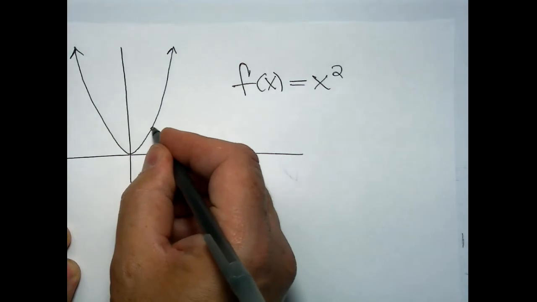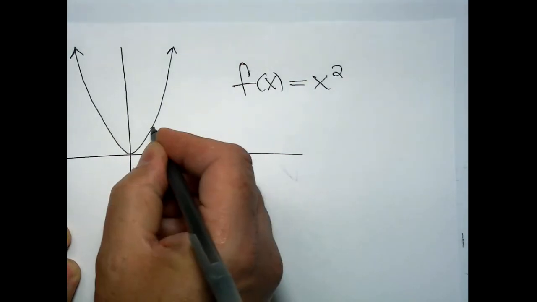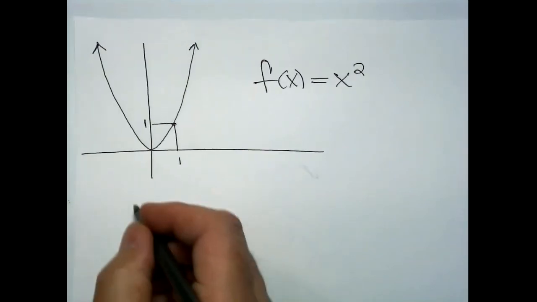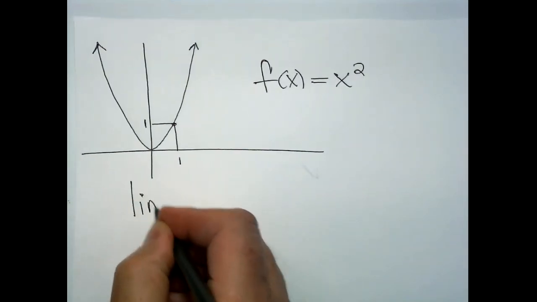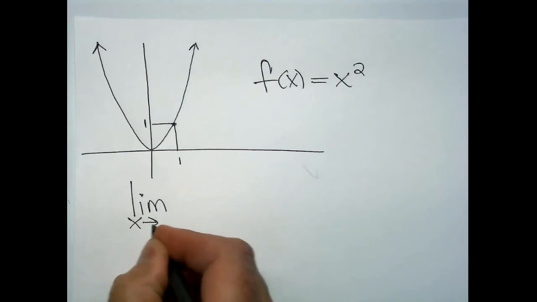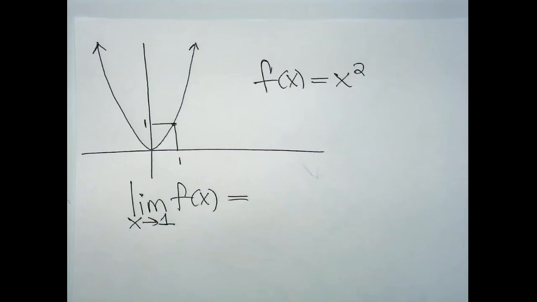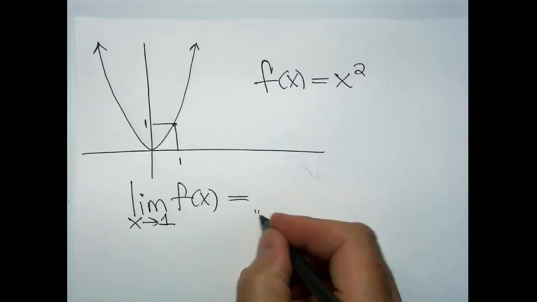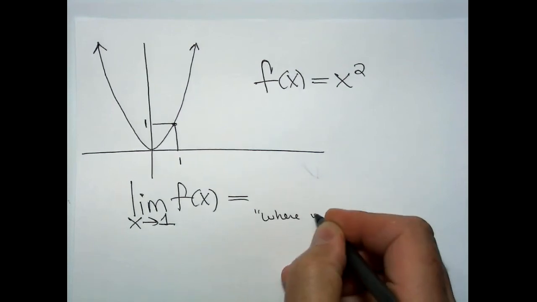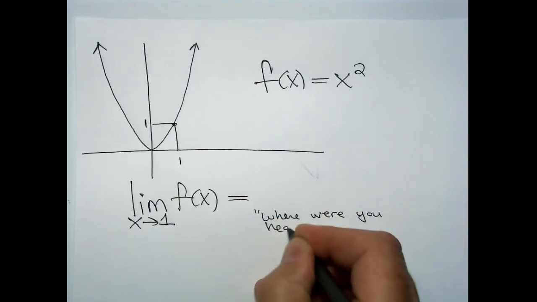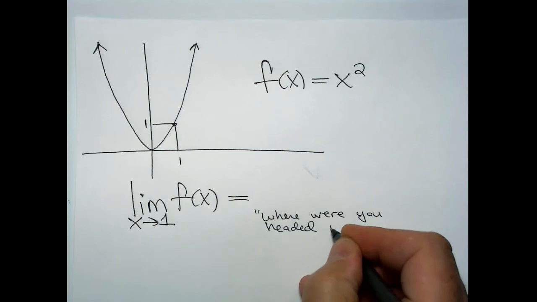And right here I'll put a point. 1 squared is 1. And the question I have for you is, the limit as x approaches the number 1 on this function equals, remember, it's where were you headed? And you have to agree from both sides.